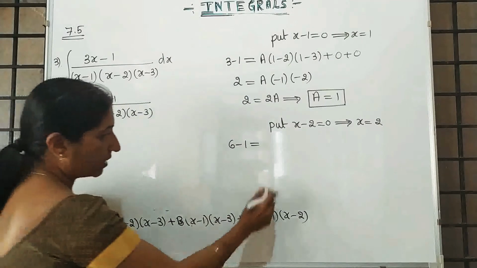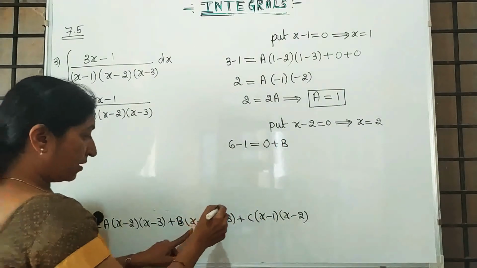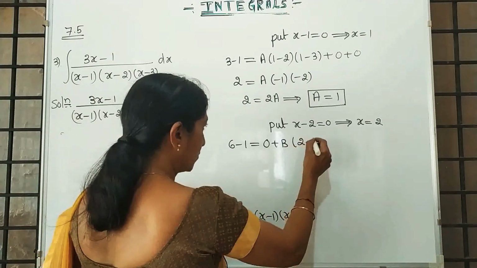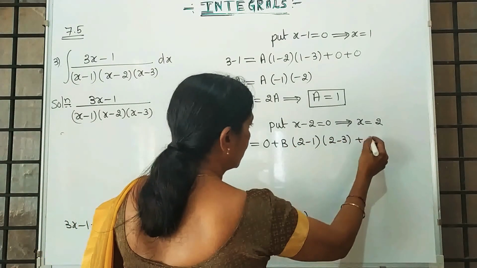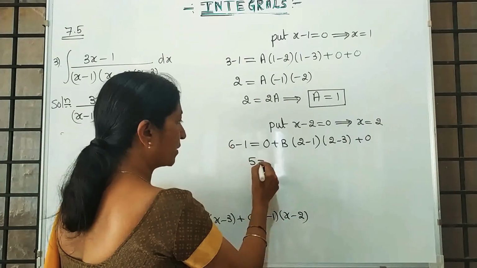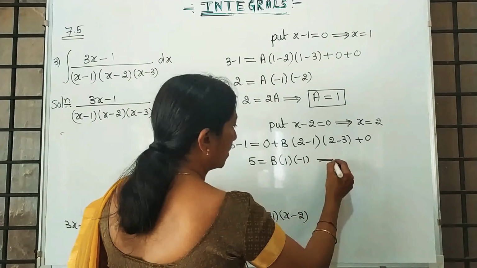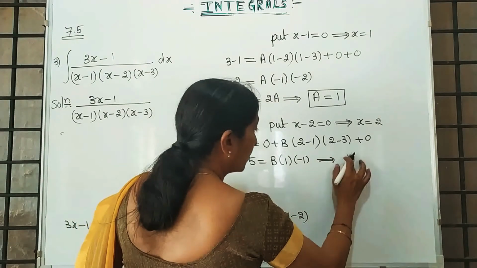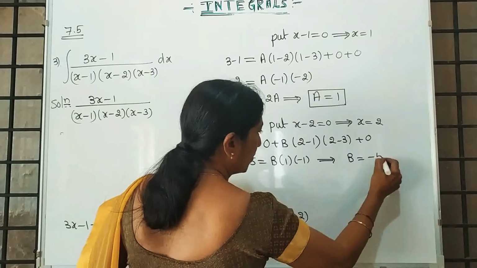A is 0 and C is 0. With B, (2 minus 1) and (2 minus 3). 5 is equal to B into 1 into minus 1, which implies it becomes minus B, so B is equal to minus 5.